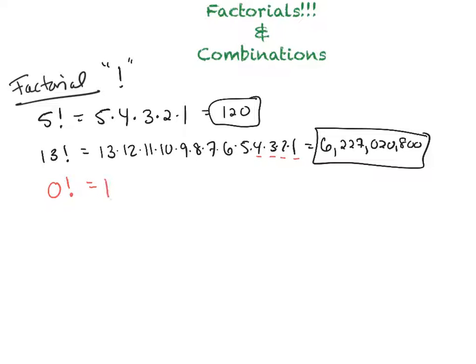So 0 factorial is defined to be 1. So we would say 0 factorial equals 1 by definition. Might not make sense according to how a factorial is defined, but 0 factorial has to be 1 for other reasons. Okay, on to combinations and how they're related to a factorial.